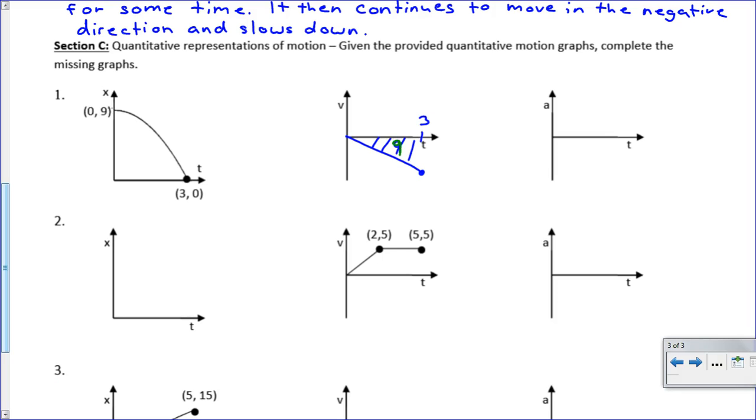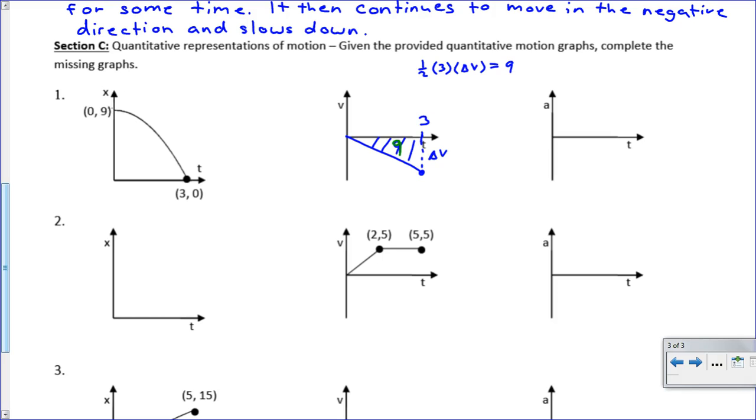All right, and so what we'll do is figure out what the side length is, because we can figure out what this change in velocity here is by saying 1/2 times base times height is 1/2 times 3 times our change in velocity, whatever that is. We know that equals 9, the area of that, the change in position.